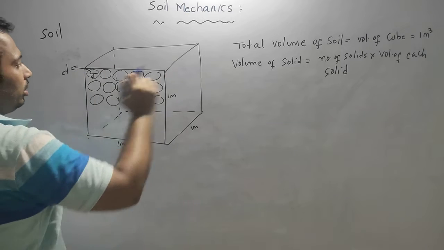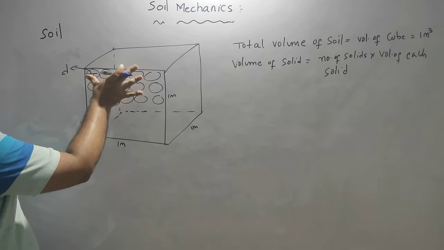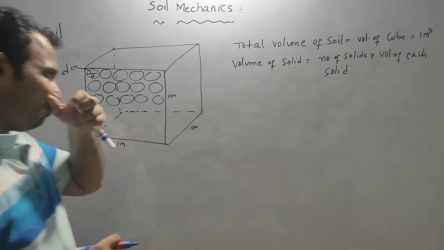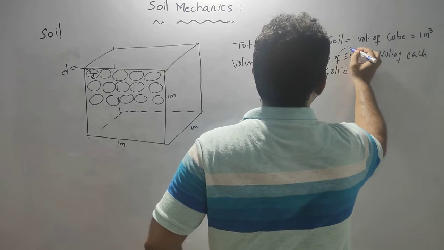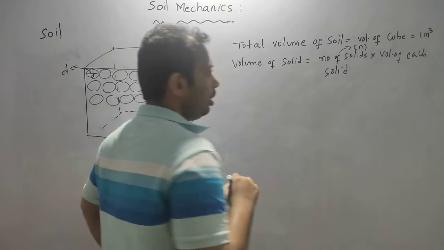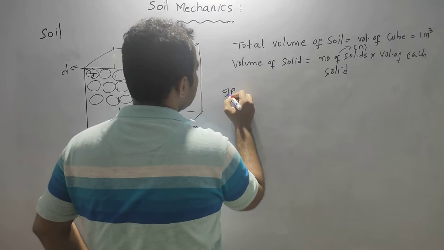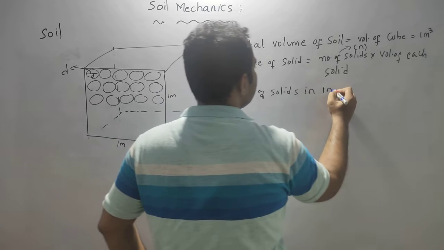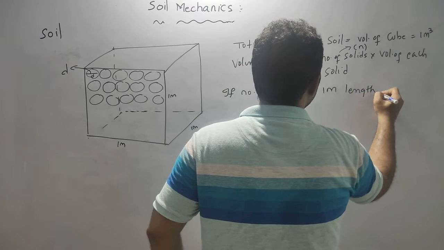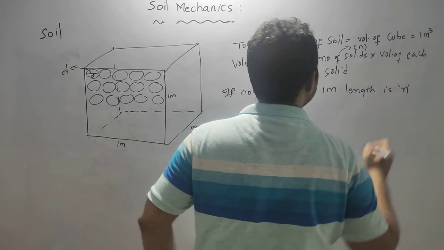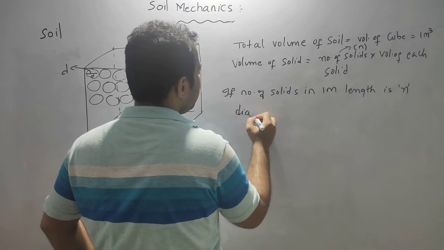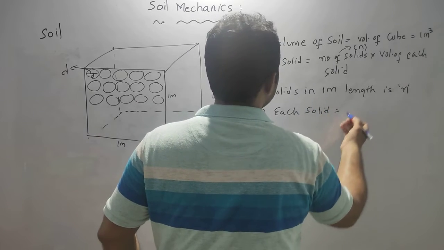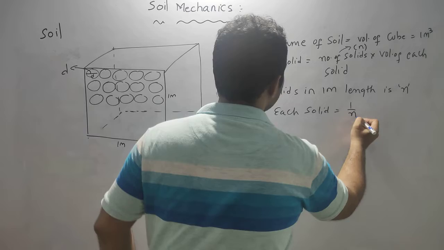Let us assume that the number of solids is n. So if the number of solids in 1 meter length is n, then the diameter of each solid is equal to how much? 1 by n, isn't it?